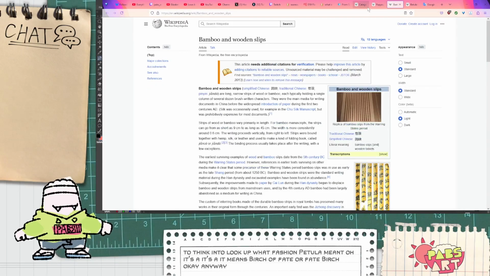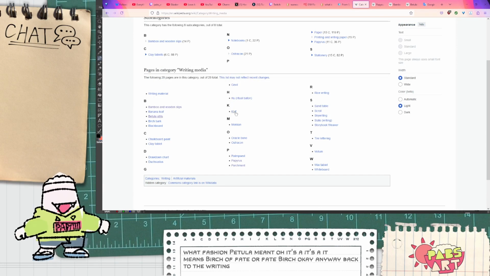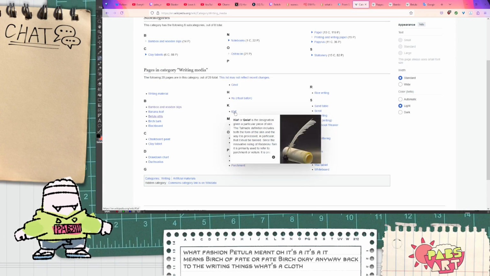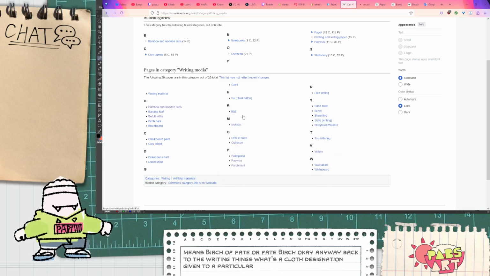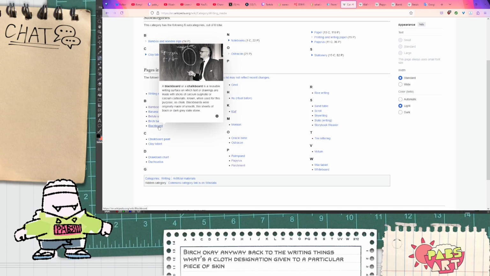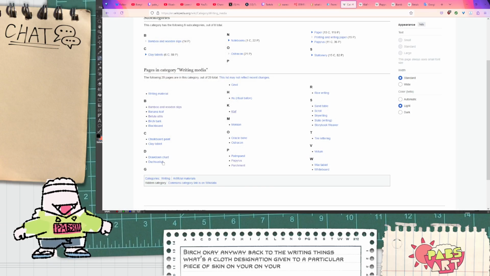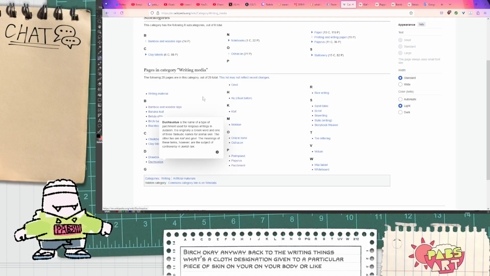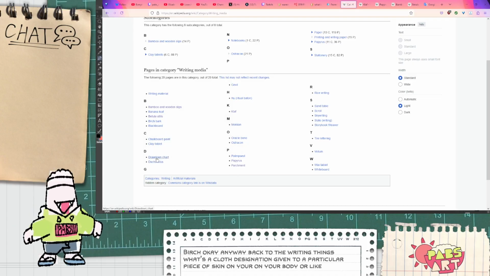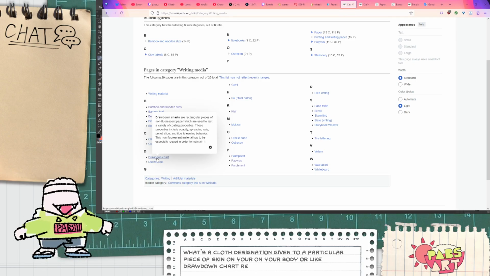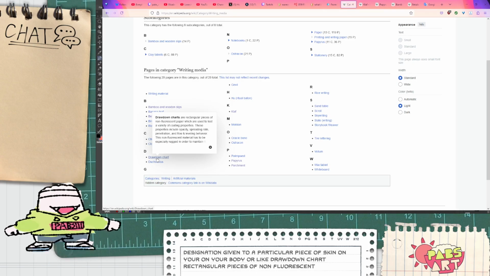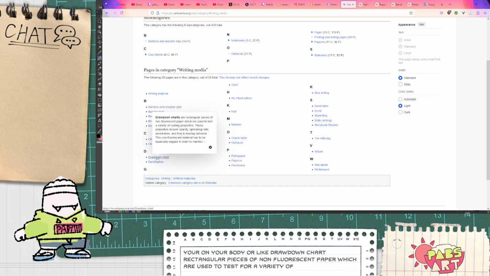Anyway, back to the writing things. What's a cloth? A designation given to a particular piece of skin. On your body, or like drawdown chart. Rectangular pieces of non-fluorescent paper which are used to test for a variety of coating properties. Oh.